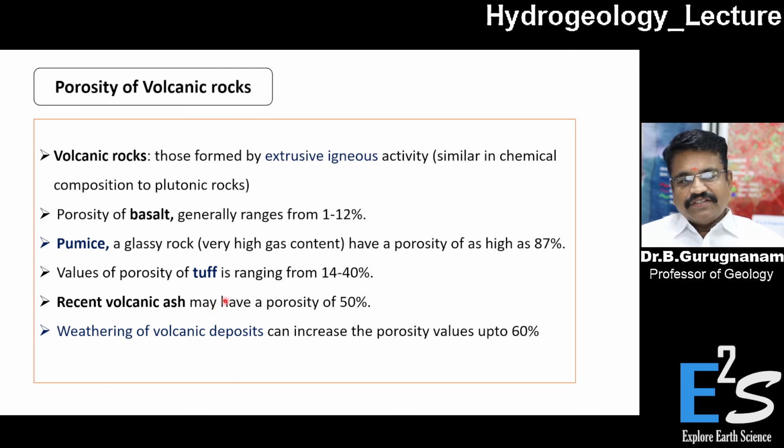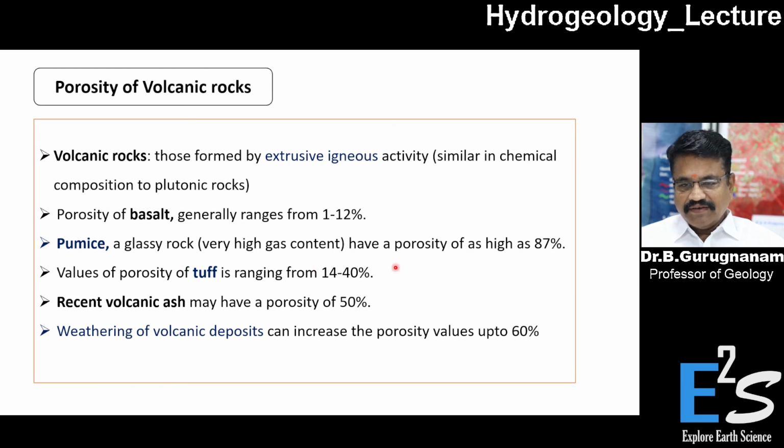Porosity of near-surface rocks like volcanic rock, those formed by extrusive igneous activity, similar in chemical composition to plutonic formations. Porosity of basalt is normally between 1 and 12%. Porosity of pumice is very high.